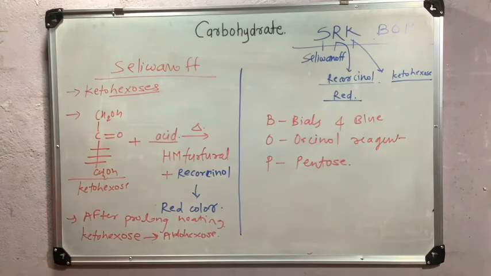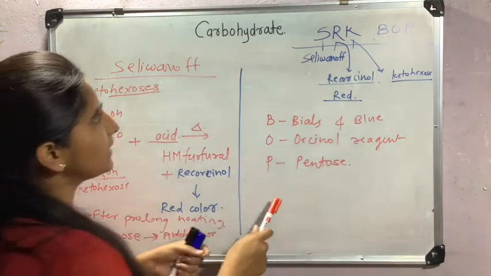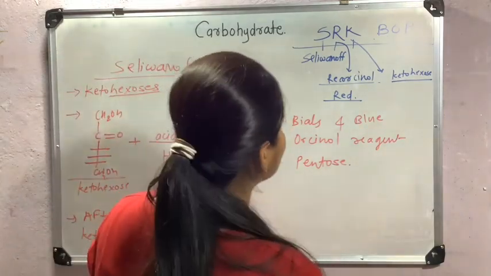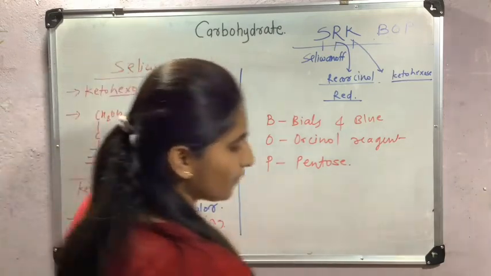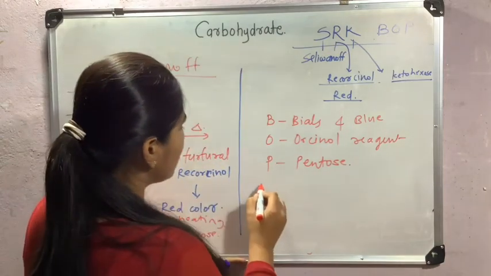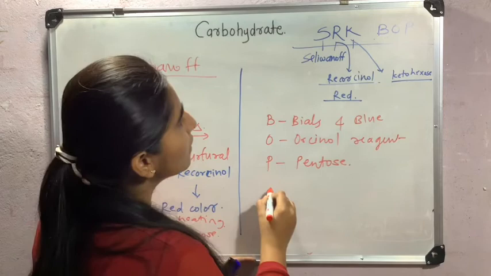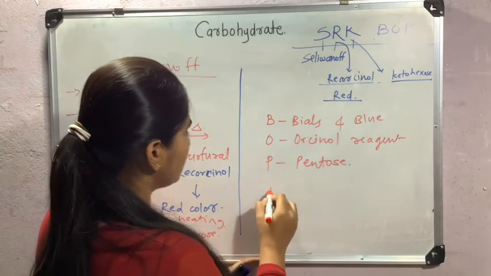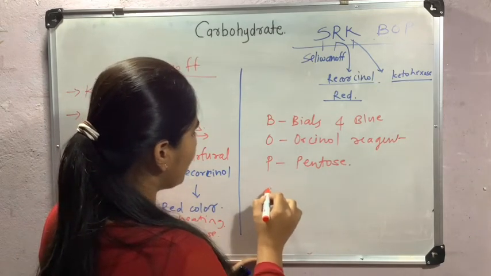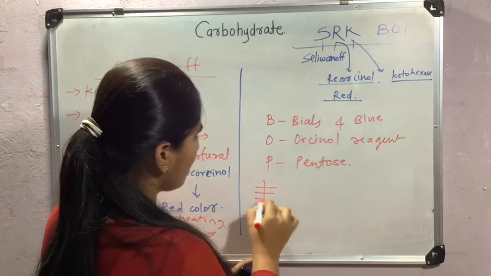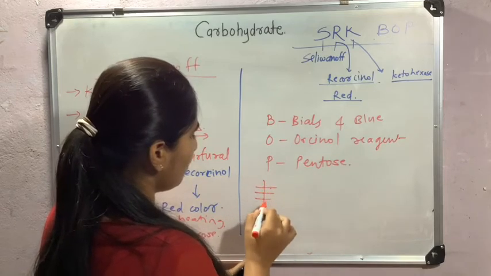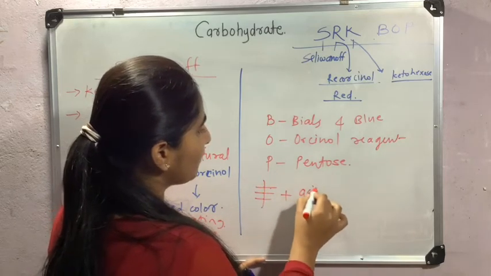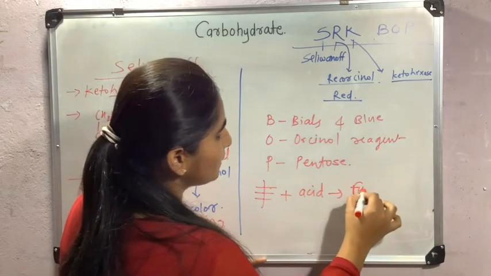And in this reaction, Bial's test. See, this sugar, which is a pentose. Suppose this is a pentose sugar: 1, 2, 3, 4, 5. After reacting with acid, we will get furfural.